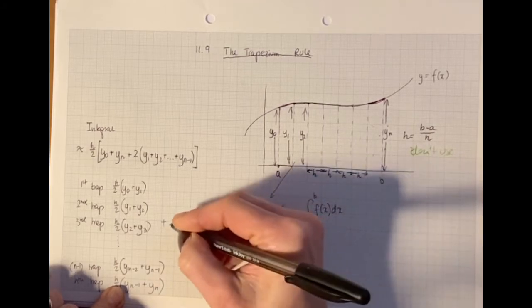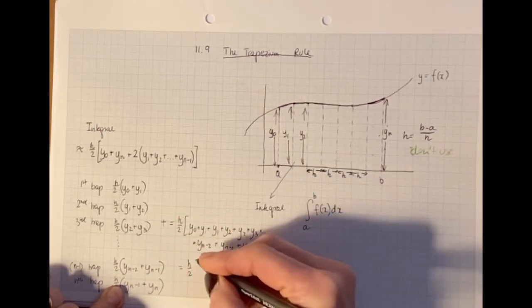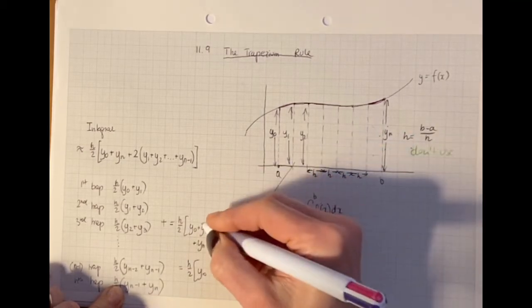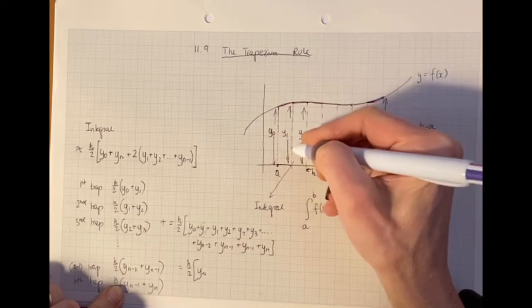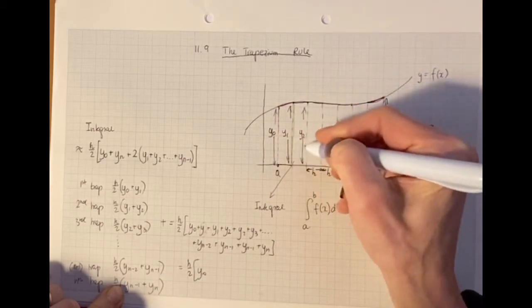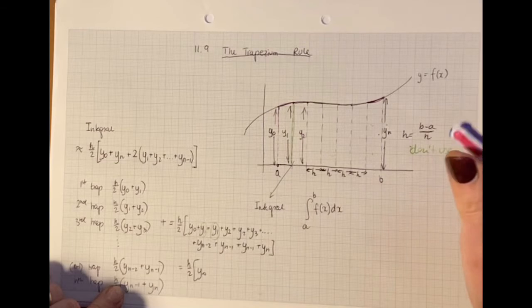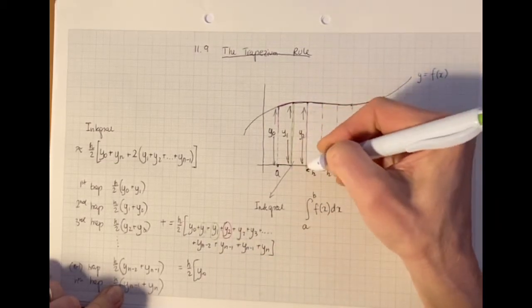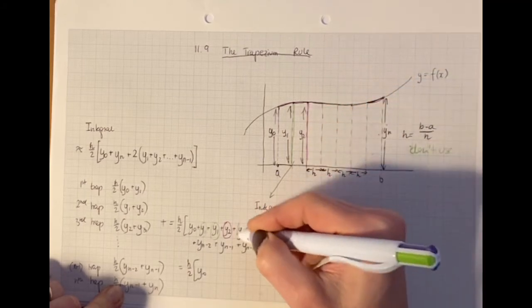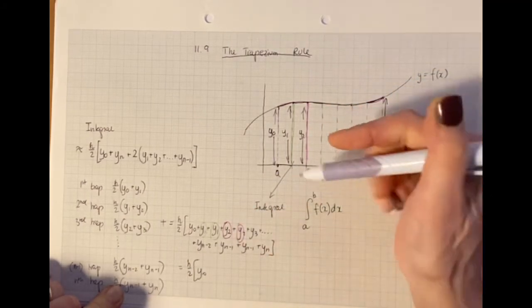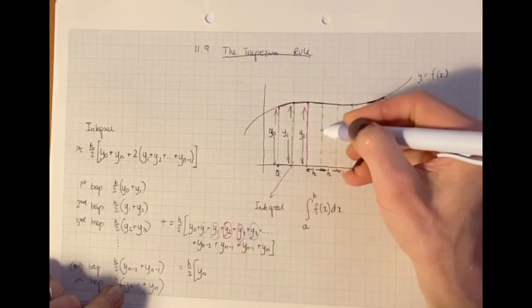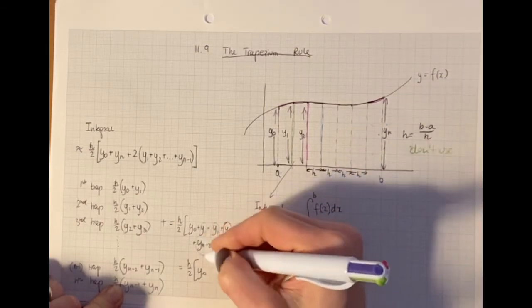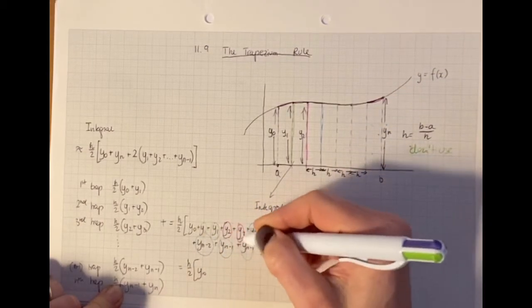So you have h over 2, and y0 will only appear once. Then y1 from the first trapezium is also the side that's shared with the second trapezium, so you have y1 twice. Then y2, which is the side from the second trapezium, is also shared with the third one, and y3 is shared in the same way, so these will also appear twice.